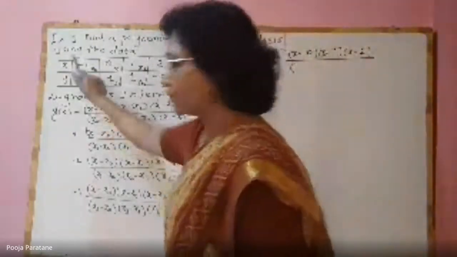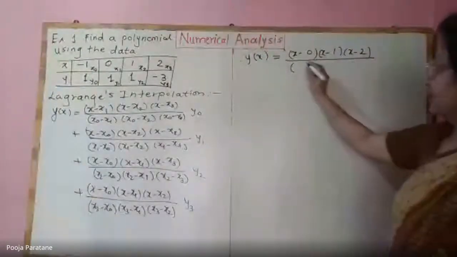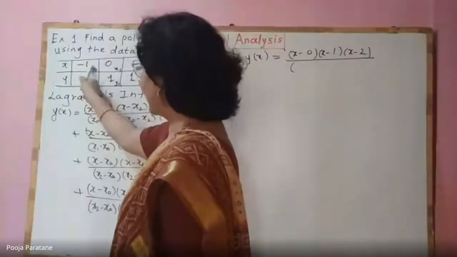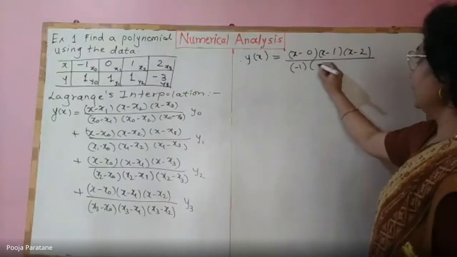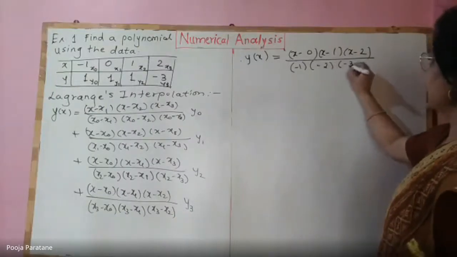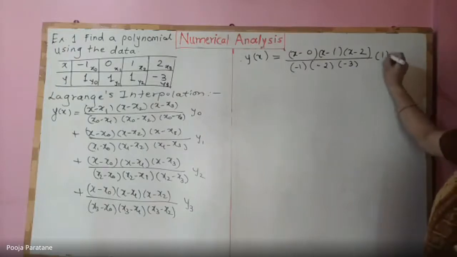What is the value of x0? Sorry, here the value of x0 is minus 1. So here it is minus 1, then minus 2 and minus 3. And the value of y0 is 1.